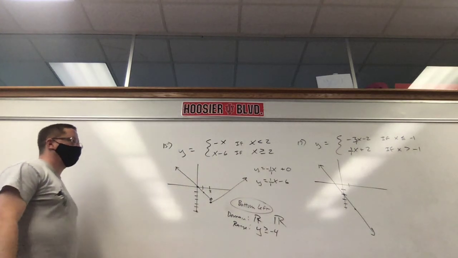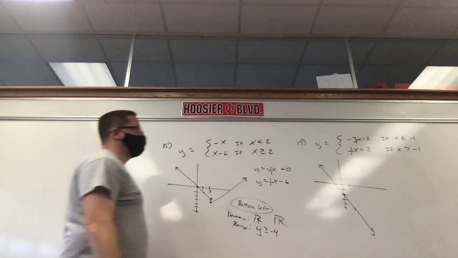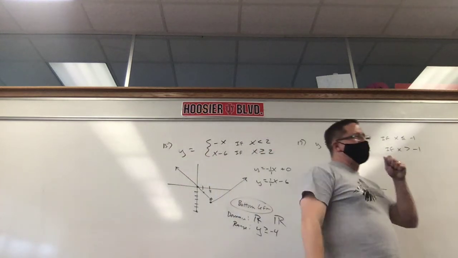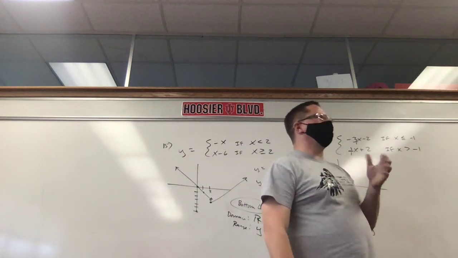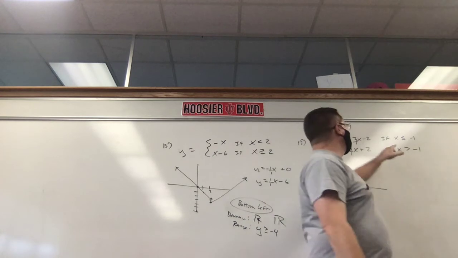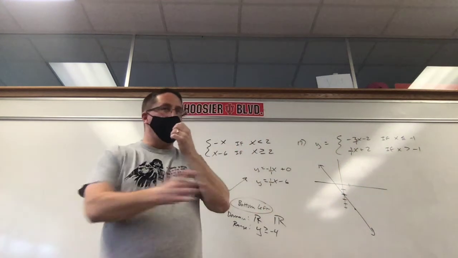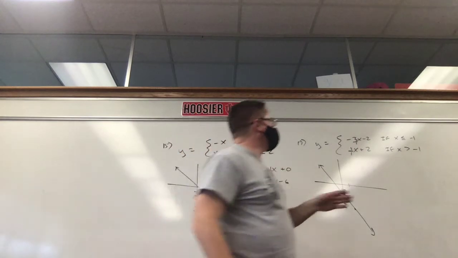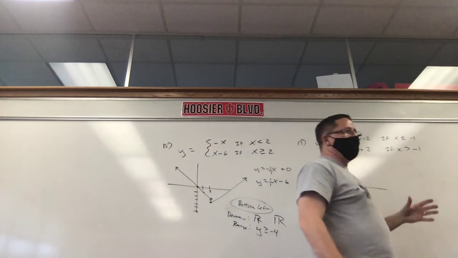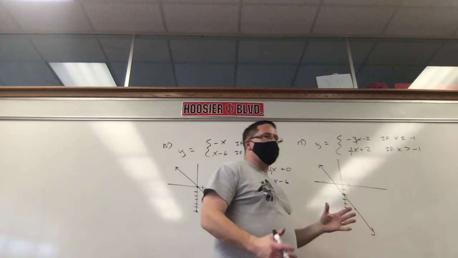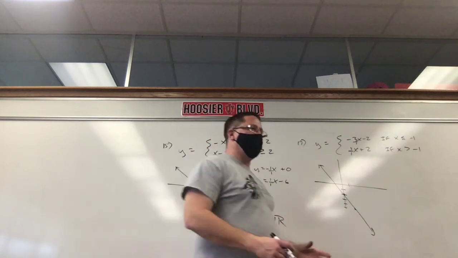We want to get rid of the top, don't we? Well, hang on a second. You're right, but you're saying it the wrong way. X is what direction? Horizontal, left and right. So, x is less than. Where is x less, to the left or to the right? To the left.